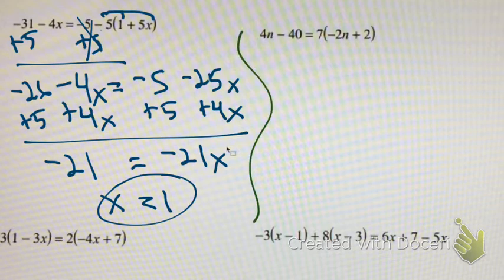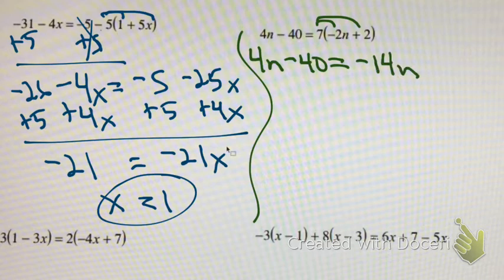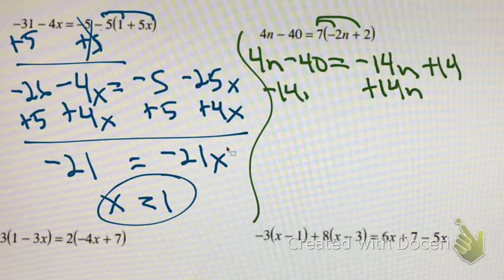Next up, kind of the same idea here. Let's distribute first here. So I've got 4n minus 40 equals minus 14n plus 14. At that point, let's see. I'm going to add 14n to both sides. Not everybody would do that, but that way I at least get all positive n's. I'm not creating negatives.